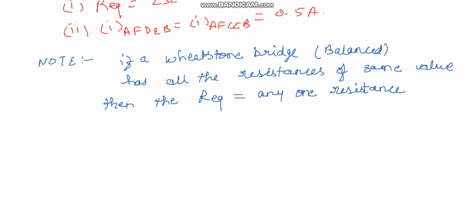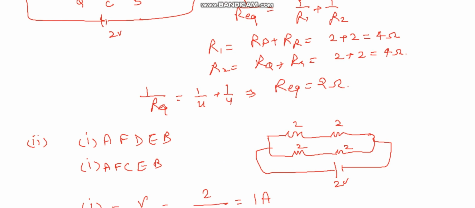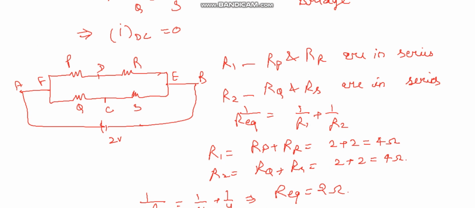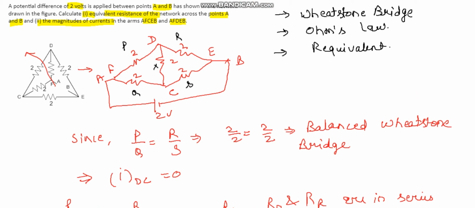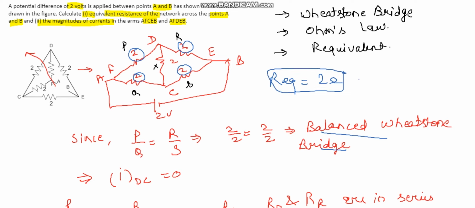What does it mean? Since in this question all the resistances are of 2 ohm, as given in the question, and we have also found that this is a balanced Wheatstone bridge, we can directly say that the equivalent resistance of this whole network comes out to be 2 ohm. So this is the trick in this question. Thank you.